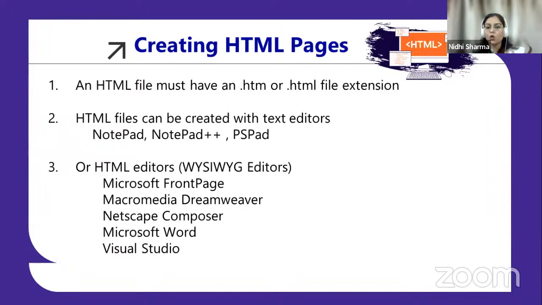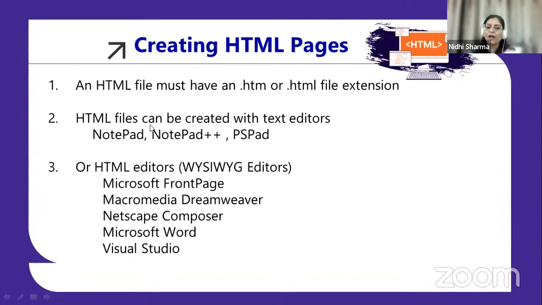That means what you see is what you get. So while creating the web page, you can visualize how the web page is going to look on the web browser. So for that, we have different software. We can use Microsoft FrontPage, Dreamweaver, Composer, Netscape Composer, Microsoft Word, or Visual Studio. So these are the things that we can use to create a web page. Text editors, or what-you-see-is-what-you-get editors. So two different types of editors can be used.